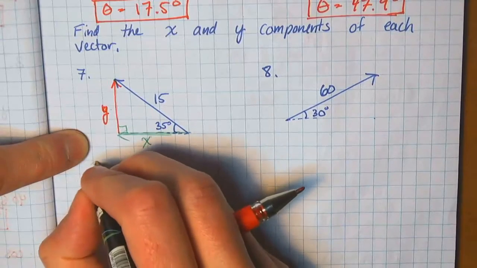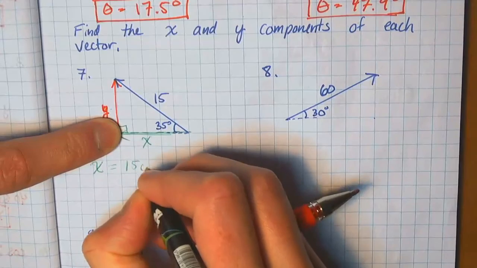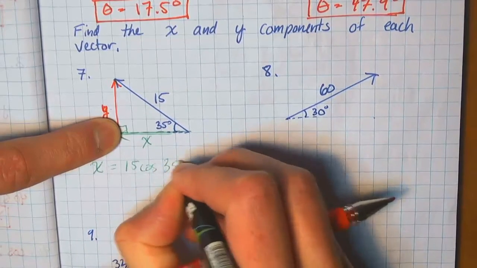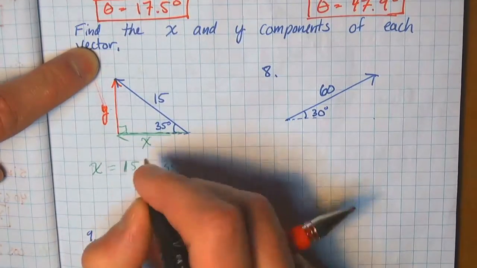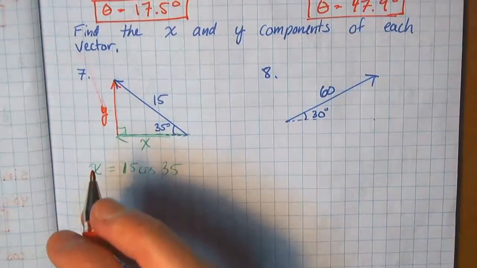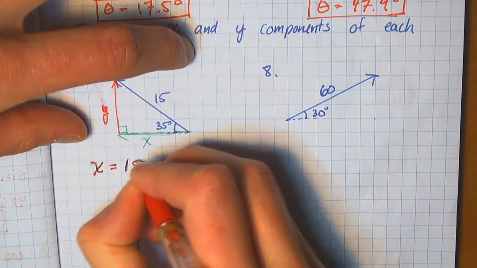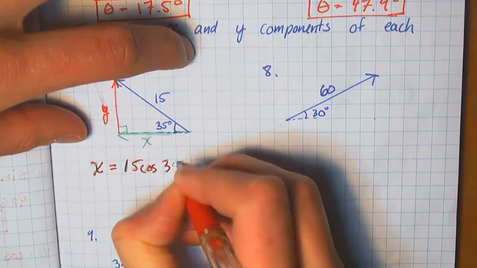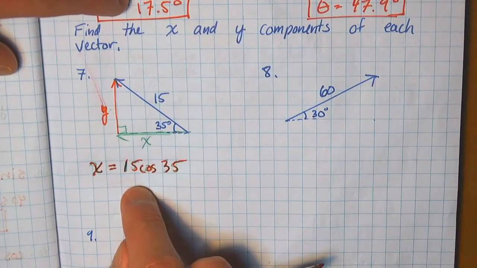I'm just going to go straight to X is equal to 15 cosine 35. I'm going to use red for both of these because it stands out so much better. 15 cosine 35.